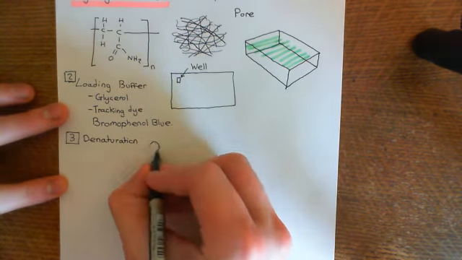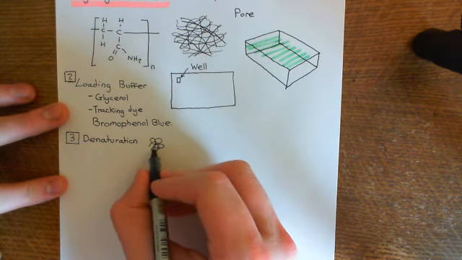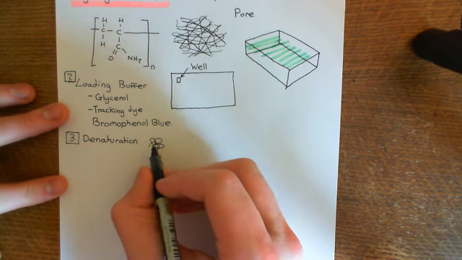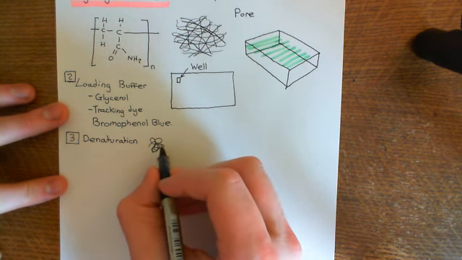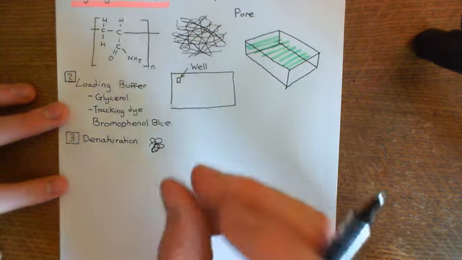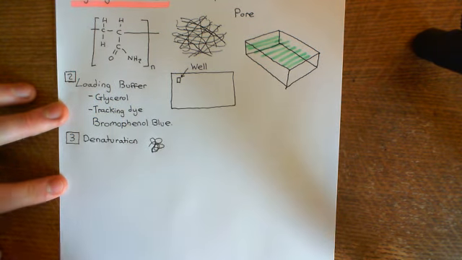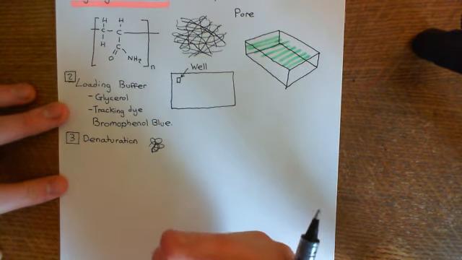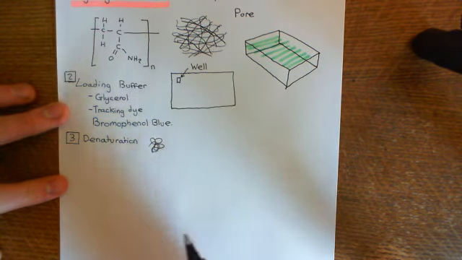This is because of interactions of amino acids in the polypeptide with other amino acids. You have secondary structures, which are based on interactions between the core amino acid structures, so the amino groups and the carboxylic acid groups, and you also have tertiary interactions, which are interactions between R groups of the amino acids.